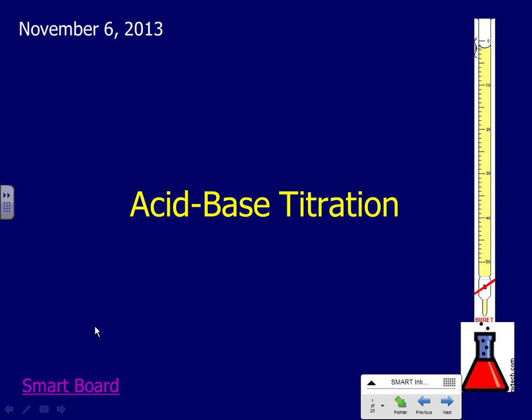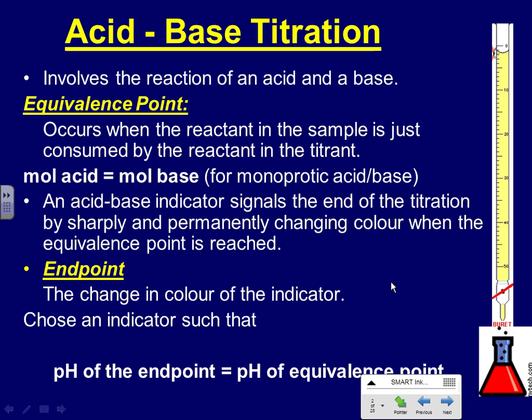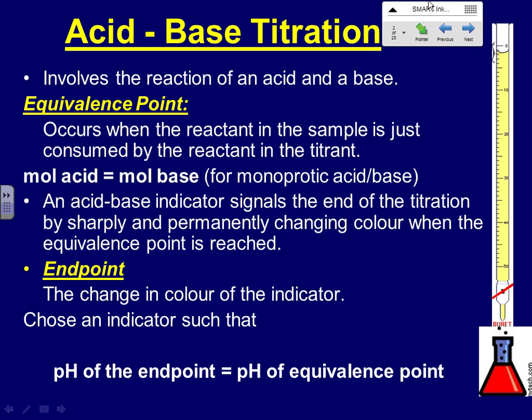All right, let's just do a quick review of this. You should have been given the notes for this on a handout. And in grade 11, we learned that the powerful nature of a titration is able to determine the concentration of an unknown solution by making the moles of acid equal to the moles of base. We call that the equivalence point.